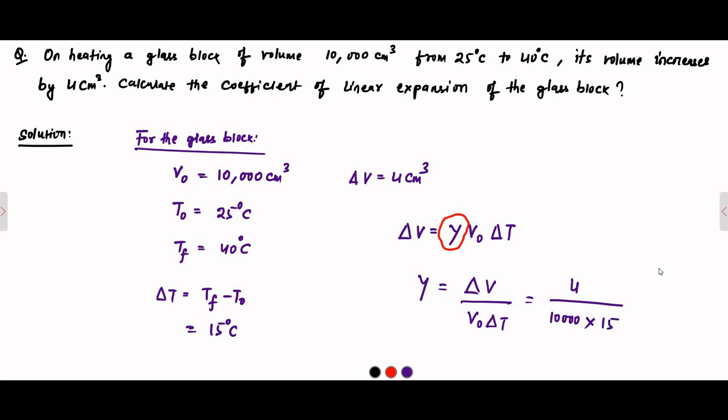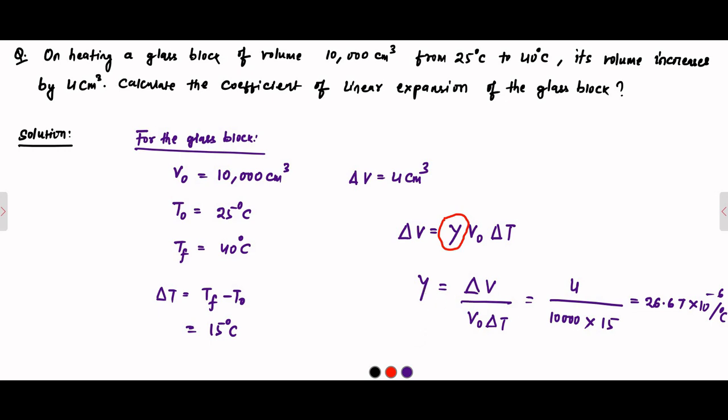So it is coming around 26.67 into 10 to the power minus 6 per degree Celsius. This is the coefficient of volume expansion.